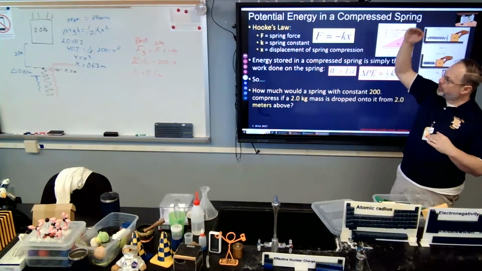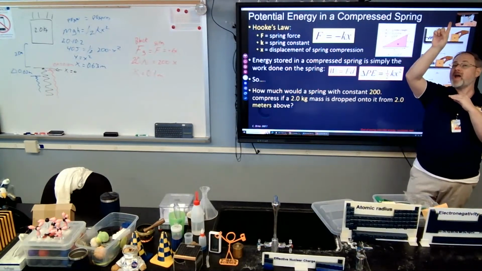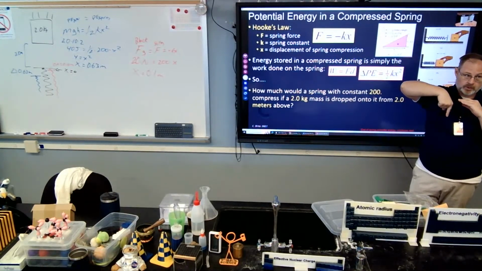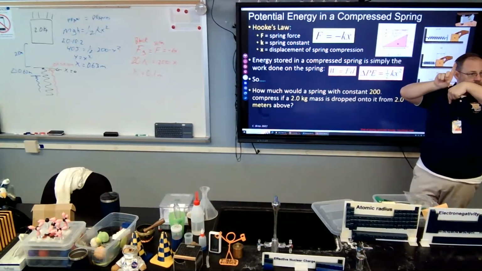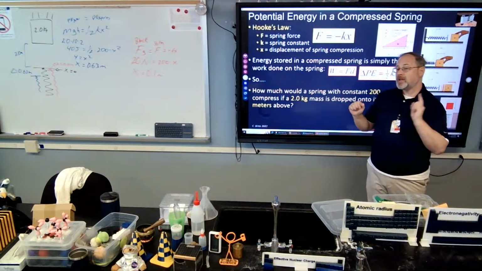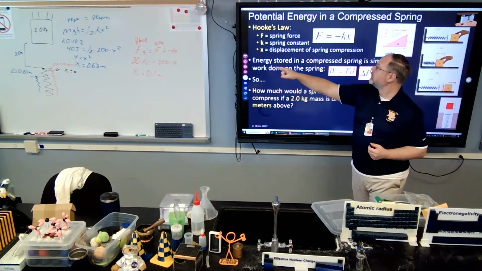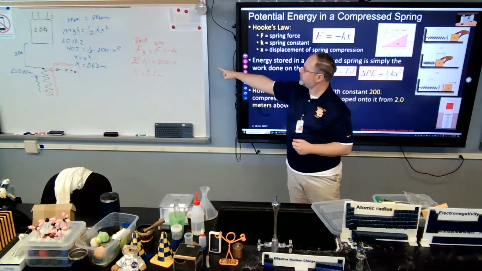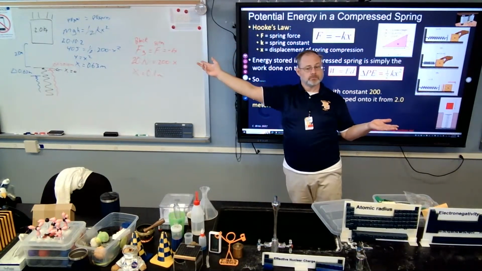So it goes down, boom, and then it's compressed way too much. The up vector is way bigger than the down vector. So the up vector gets smaller and smaller, the down vector basically is constant, until the up vector equals the down vector, and the weight of the block is equal to the kx. Capiche?